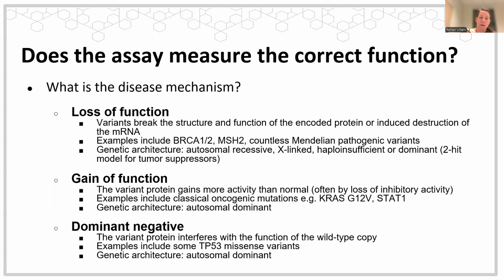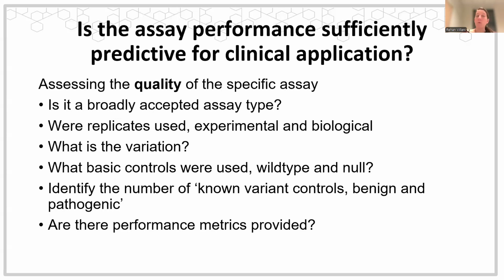And this includes some TP53 missense variants, for example. So you want to consider if the assay is measuring a function that is relevant for this particular disease mechanism associated with your variant. You also want to consider if the assay performance is sufficiently predictive for clinical application.